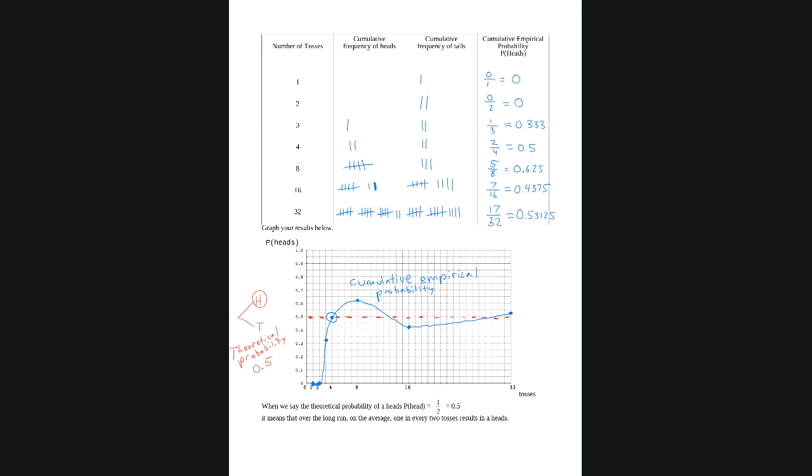So when we say that the theoretical probability of heads is 1/2, what does that really mean in practice in the real world? Well, it means that over the long run, on average, 1 in every 2 tosses of a coin will result in heads.